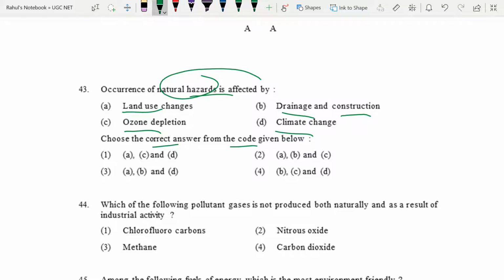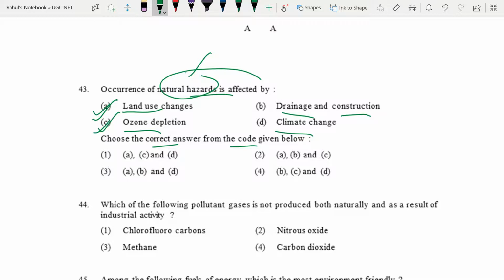So for the effect on natural hazards, land use changes: if we are changing the use of land, then natural hazards may occur. Suppose you are going to shift to settle near rivers or on the topmost peak of the land, on mountains, then it may cause natural hazards. So it may affect land use changes.